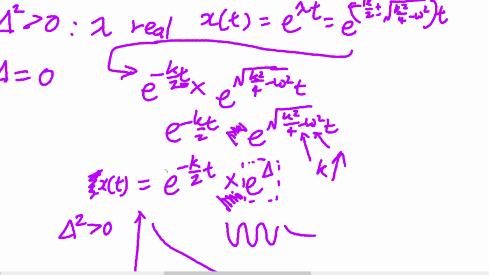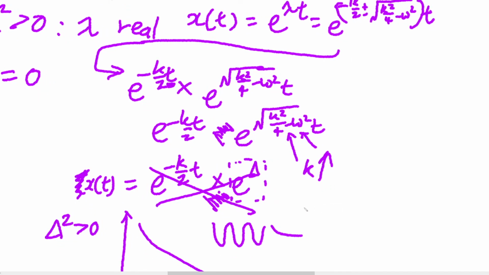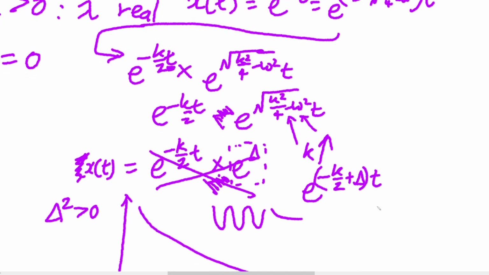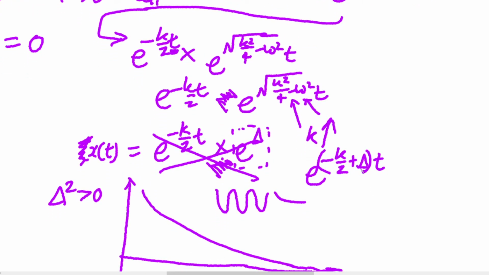So in reality, x of t should be written as e to the minus k over 2 plus discriminant t, plus root of discriminant t.